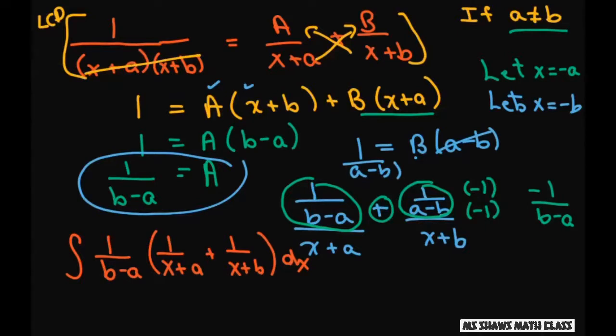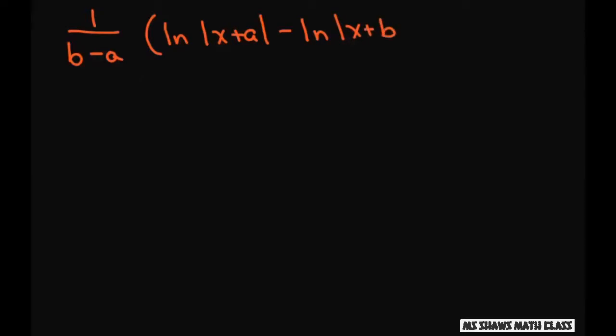So when you evaluate this, remember, B and A are constants, so you get 1 divided by B minus A, and you're going to have ln of X plus A minus ln of X plus B, and then plus C. Simplifying this, let's write that as a single log.